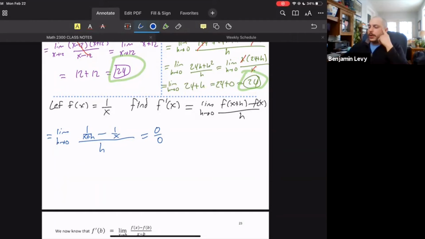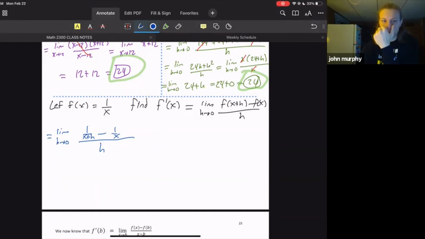So what technique do we want to try? What does this look like to people? Not a conjugate one, because there are no square roots. It's not an infinite limit, so it's not going to be the horizontal asymptote thing or anything like that. What do people think?